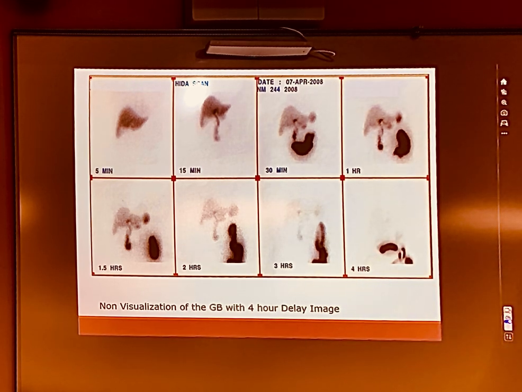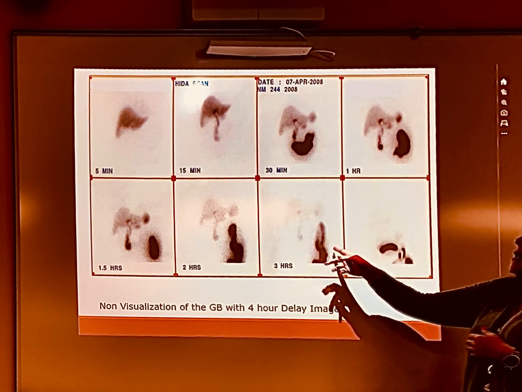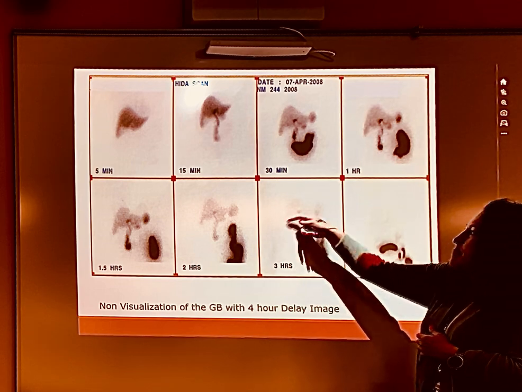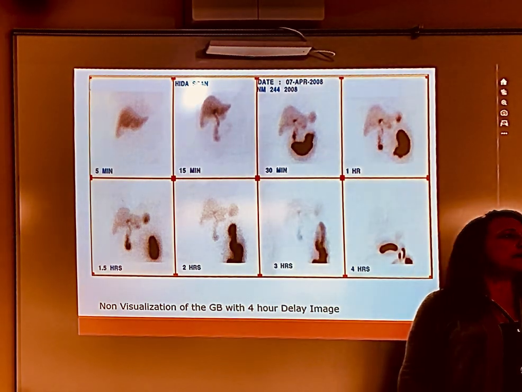So the hepatocytes have metabolized all of your radiological agent. Excuse me. Bless you. So you are done. You have nothing else that you can do diagnostically for this patient because they metabolized everything. It is not going to go from the bowel back up into the common bile duct and back into the gallbladder. It does not do that.